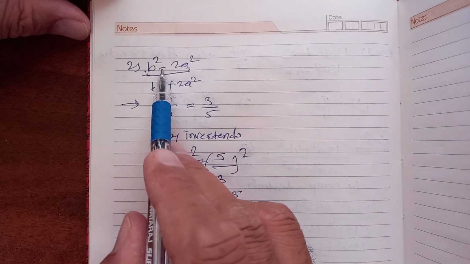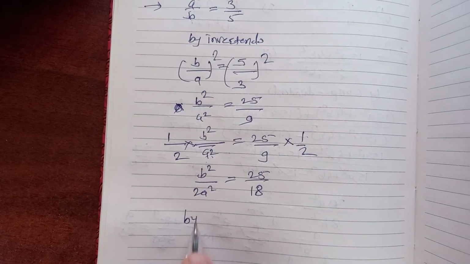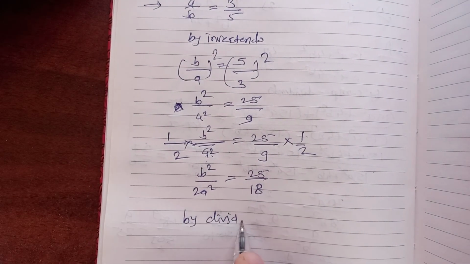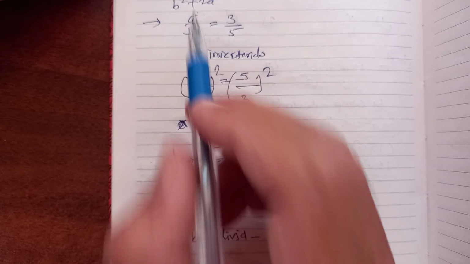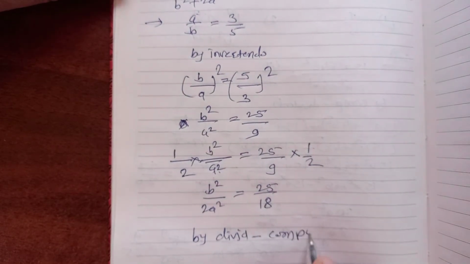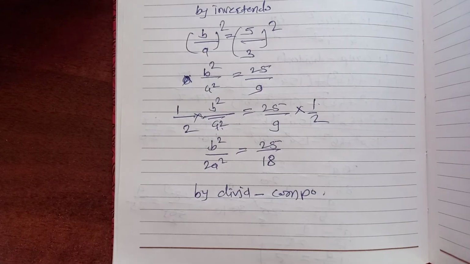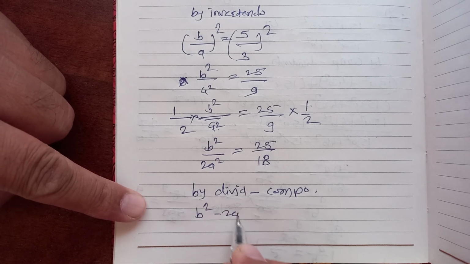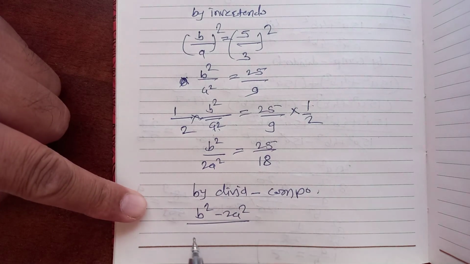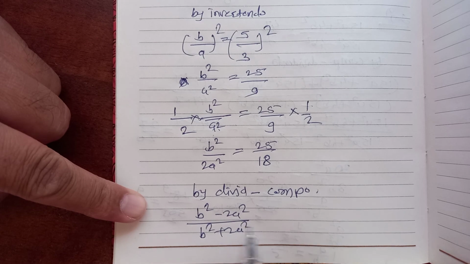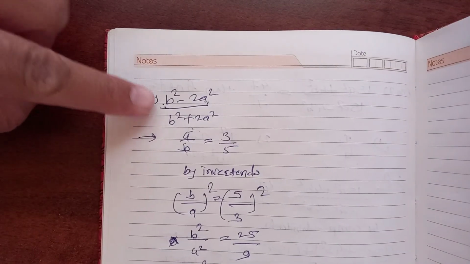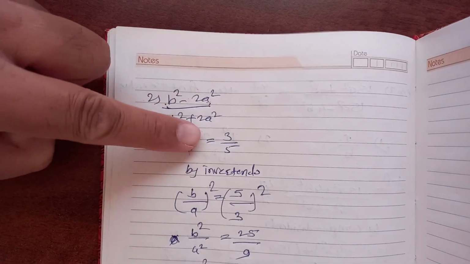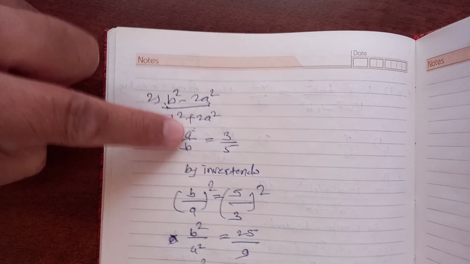What is here first? Here first is subtraction. Now see, when subtraction, first you have to apply dividendo, and then addition, then componendo. Okay, so here we will see b square minus 2a square, and b square plus 2a square. See, b square minus 2a square, b square dividendo, componendo.